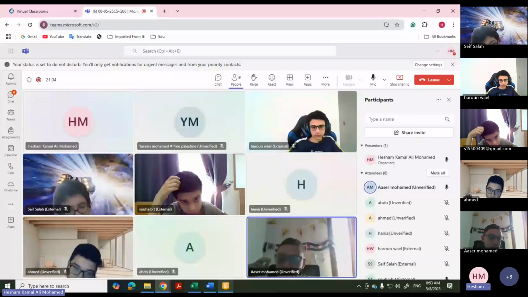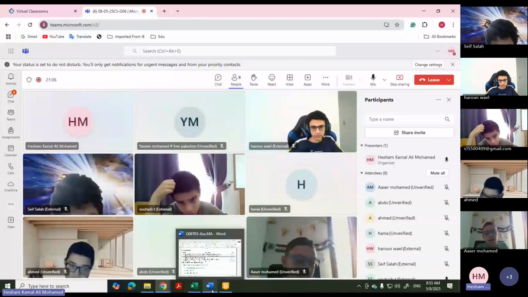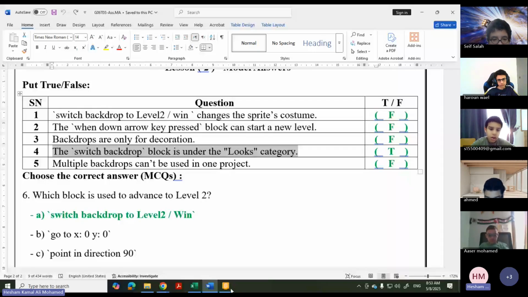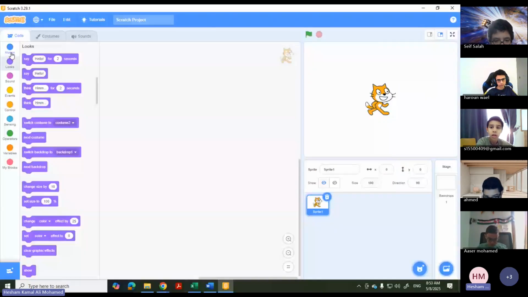And here, the switch backdrop block is under the looks category. Again, here are the different categories. One of them is motion, looks, and the others as well. We are going directly to looks. We are going to search for switch backdrop, and we can find it right here.